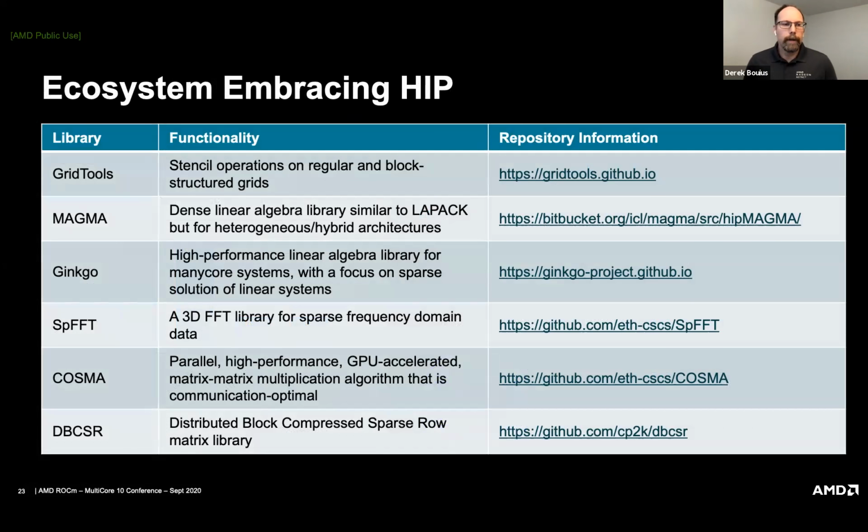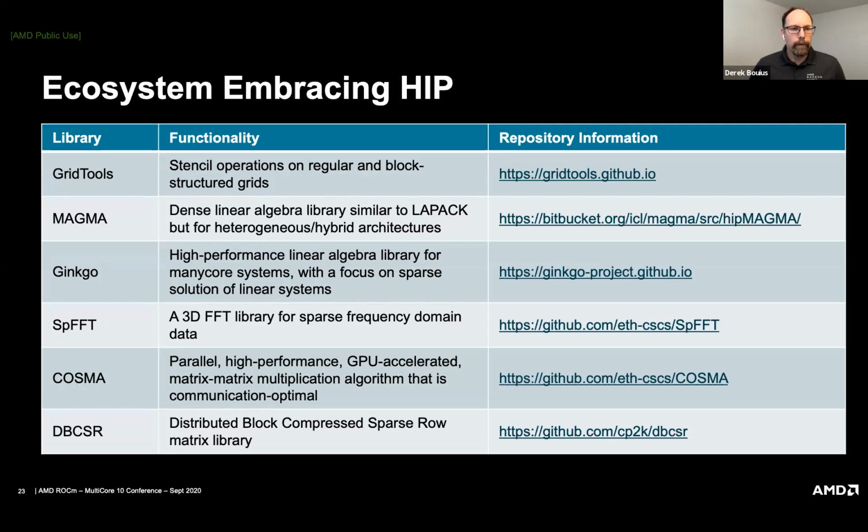So another highlight in the ecosystem is just where people are taking HIP and implementing it into their own code base. So GridTools is a great example for the weather environment. You've probably heard of it. It uses the stencil operations, and they have native HIP support in their functionality. And we've seen very great performance on our hardware with that environment.